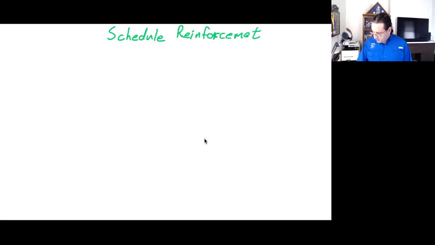With schedules of reinforcement, this is how we reinforce a behavior to increase or decrease over time. We look at that in terms of interval and ratio.